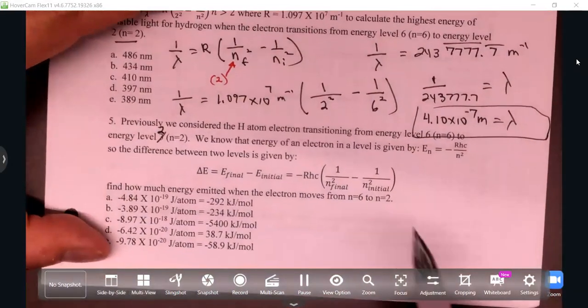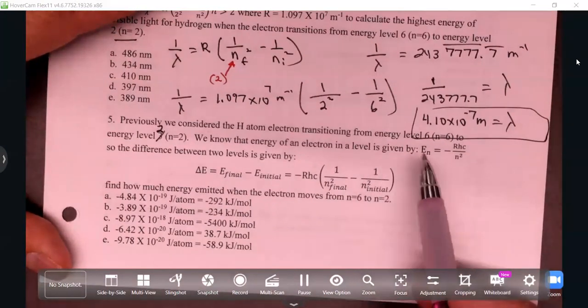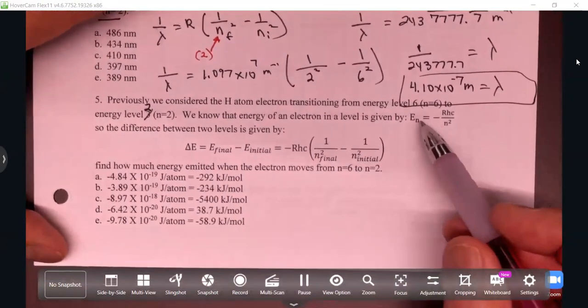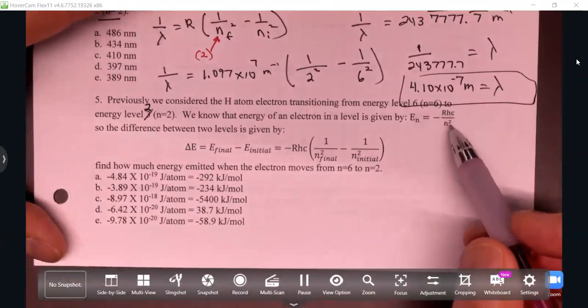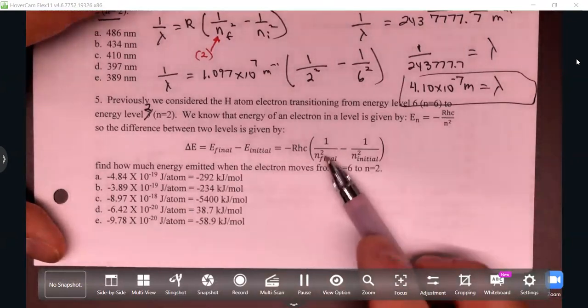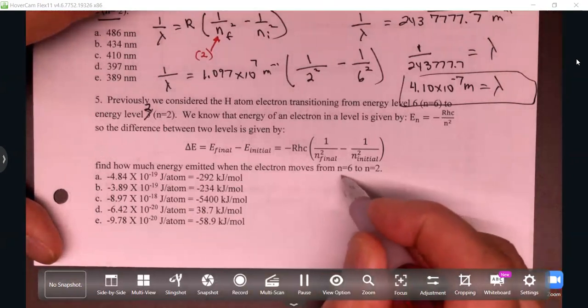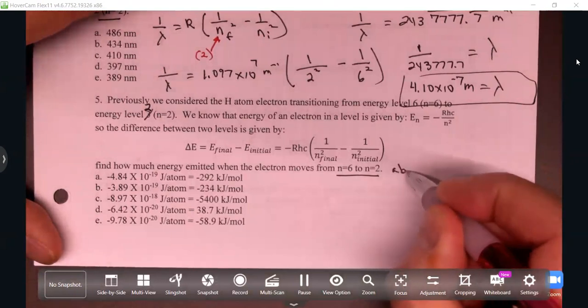We know that the energy of the electron in a level is given by E_n, the level, equals minus RHC over n squared. So the difference between the two levels is given by how much energy is emitted when the electron moves from 6 to, so this is going to be absorbs.